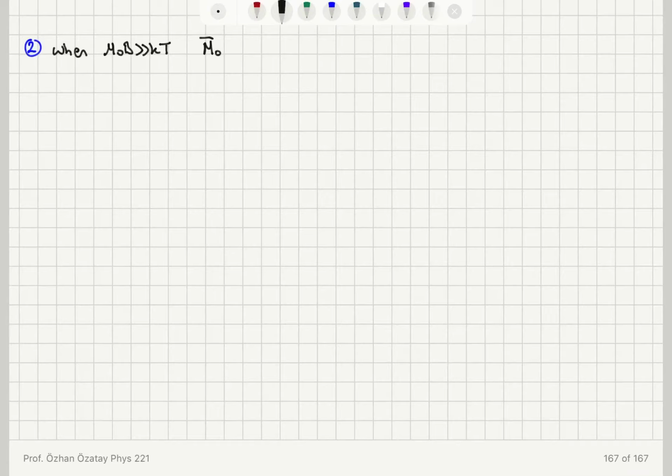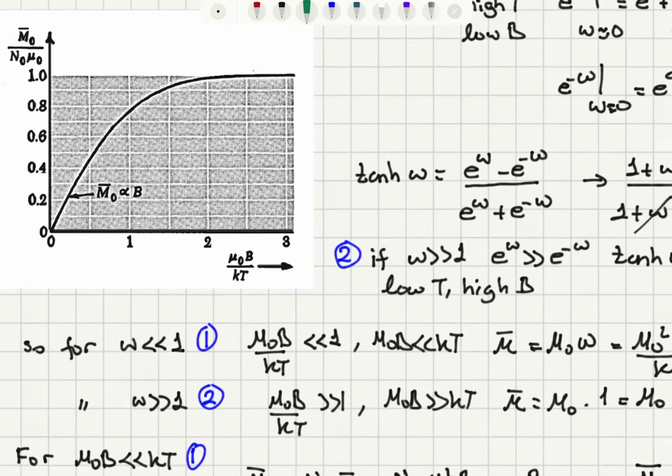The total magnetization, the magnetic moment per unit volume, will become n0 times mu 0. And this value in this limit is called saturation magnetization because it saturates at this value.